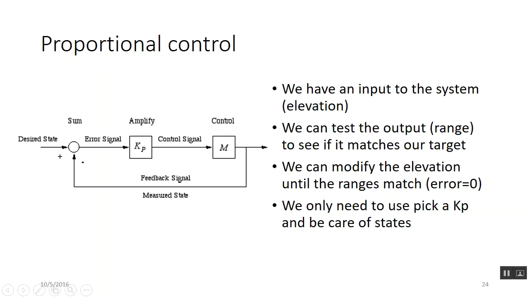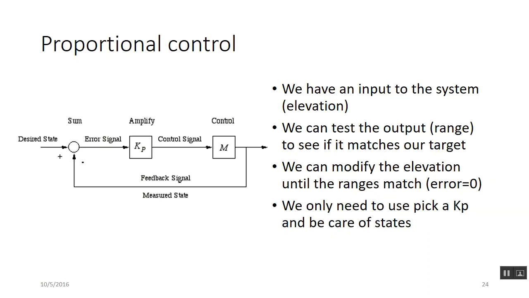We form an error signal of 10,000 minus 20,000, so that becomes negative 10,000, and we multiply it by something. Then we control what our elevation is. The error signal is the number 10,000, in our case feet. So all I was trying to say was, we want it to be a lot less than 1, because if you multiply 10,000 by 1, you're trying to change your elevation angle by 10,000 degrees.